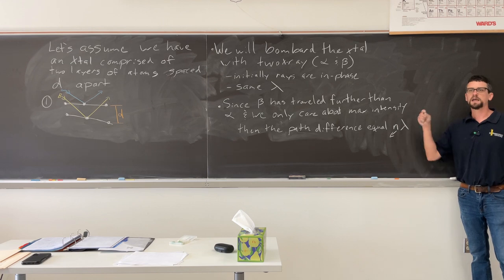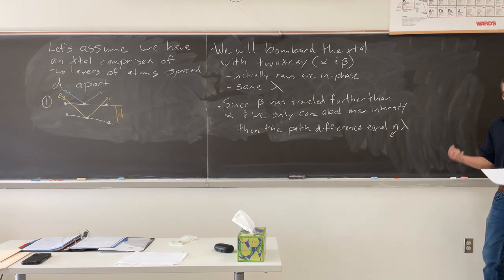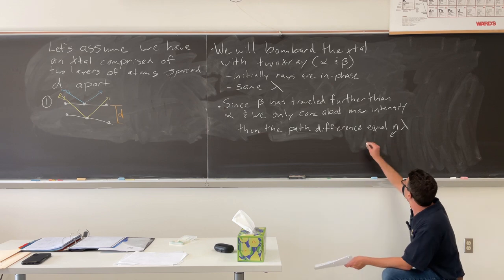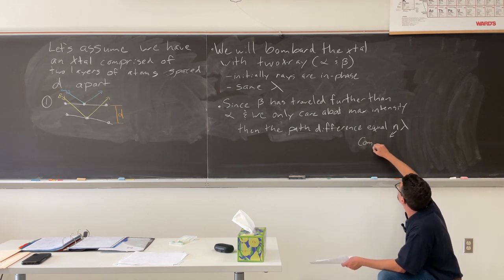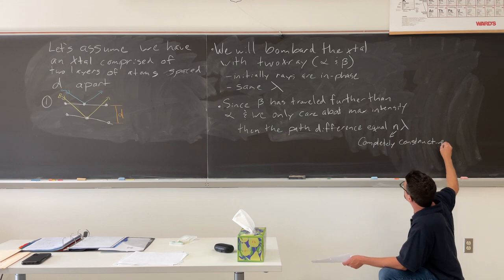And you can show that if you're bouncing radiation, you'll only get intensities where it's completely constructive. So this is completely due to complete constructive interference.